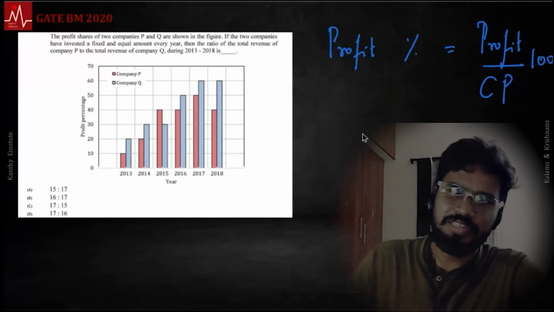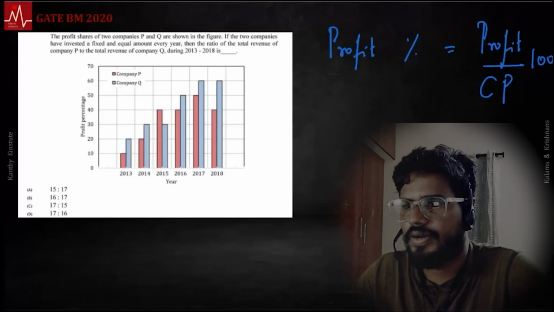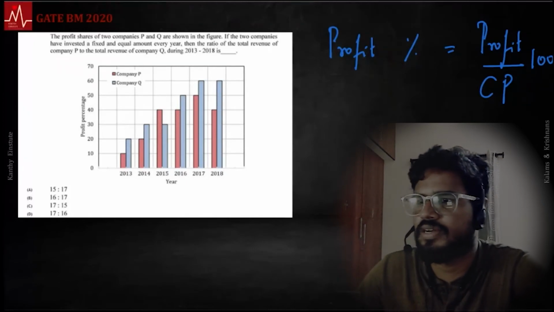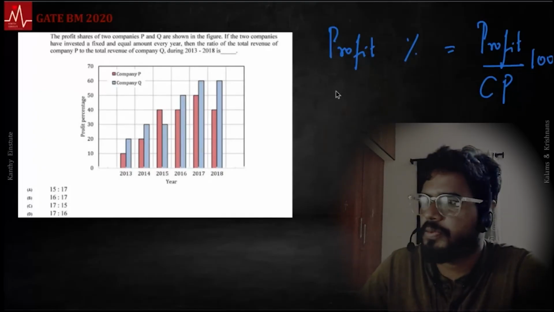It's not with respect to selling price. It's with respect to cost price. And what is given is this percentage. So let's make it simple. 100 out of 100, this is 10 and all that. If you know the cost price and profit, you know the revenue.